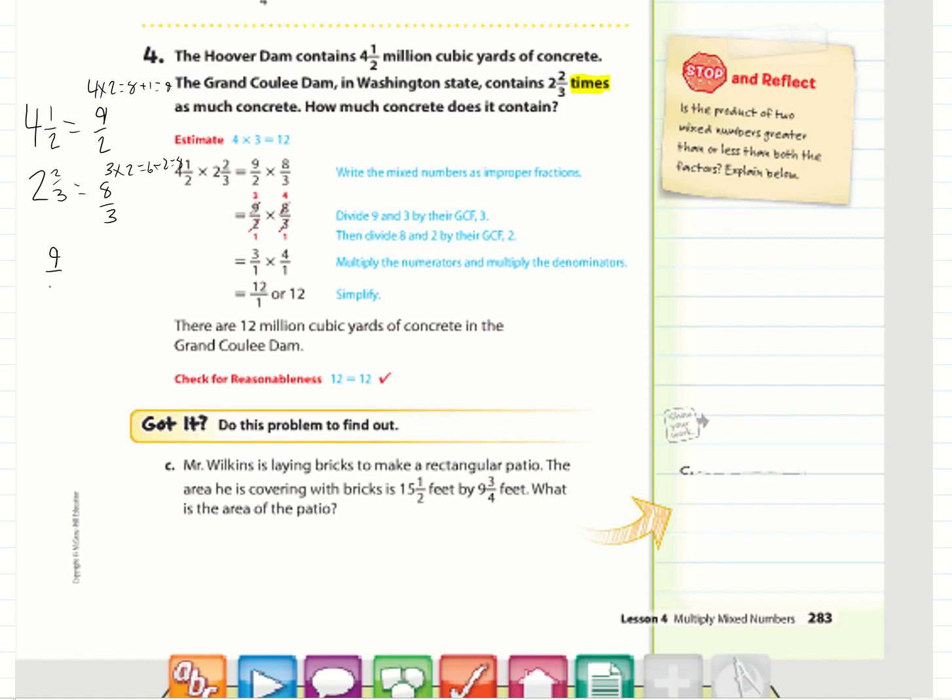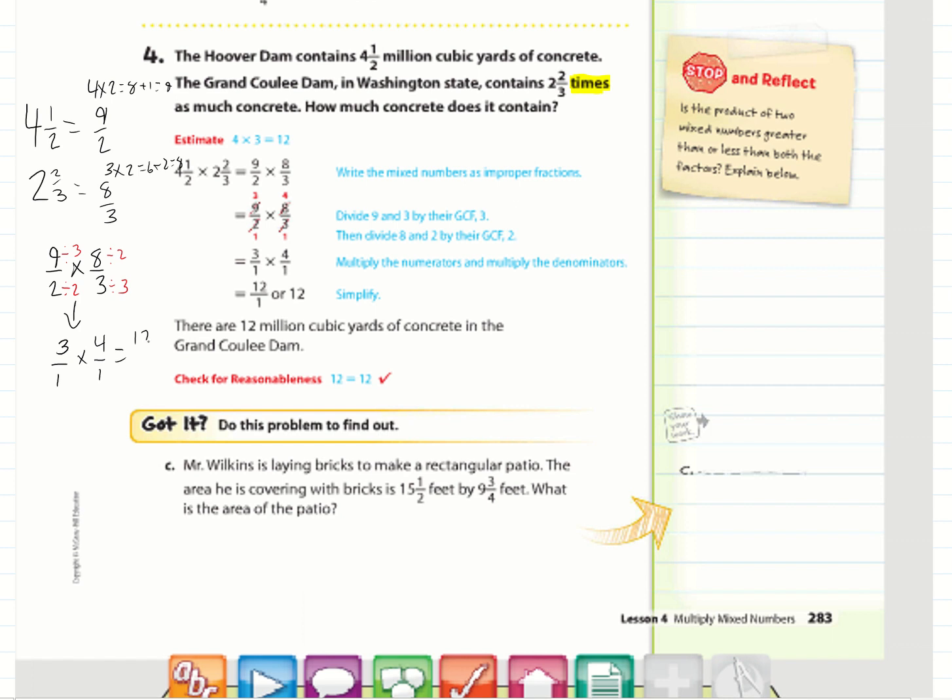So we have 9 halves multiplied by 8 over 3. And we do have compatible numbers. We can do 2 divided by 2, 8 divided by 2, 3 divided by 3, 9 divided by 3. So 9 divided by 3 equals 3. 2 divided by 2 equals 1. 8 divided by 2 equals 4. 3 divided by 3 equals 1.